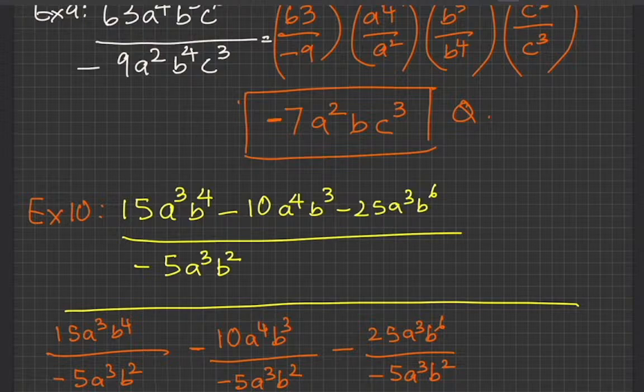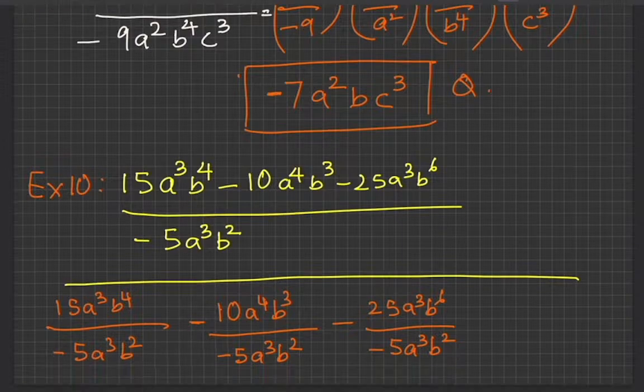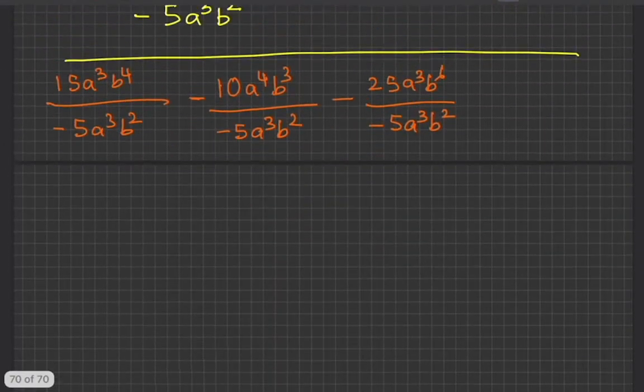Okay, let's do this quickly, right? So I have a negative 3. Now a gets cancelled out because a to the power 3 minus a to the power 3 will give me 0, so that is 1. Now b to the power 4, so it will be b to the power 2, right?